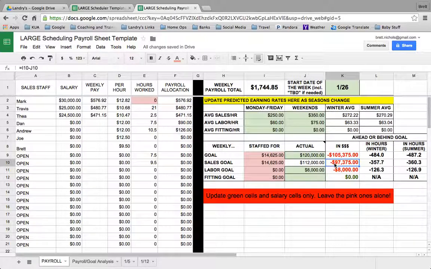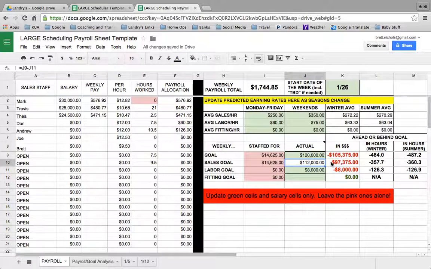Eventually, it may become green, and it'll actually say that we are over on hours, or we have more than enough hours. So the goal here is to make this number 0 to get our sales goal to match our actual. And then we'll know we have staffed enough people on the floor during the week to meet that sales goal.